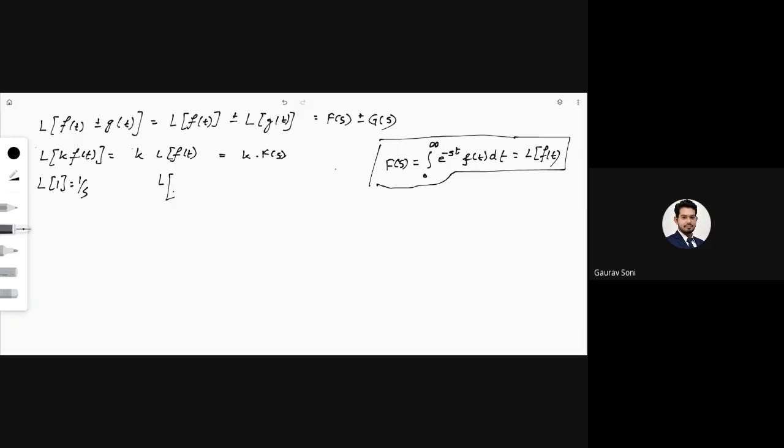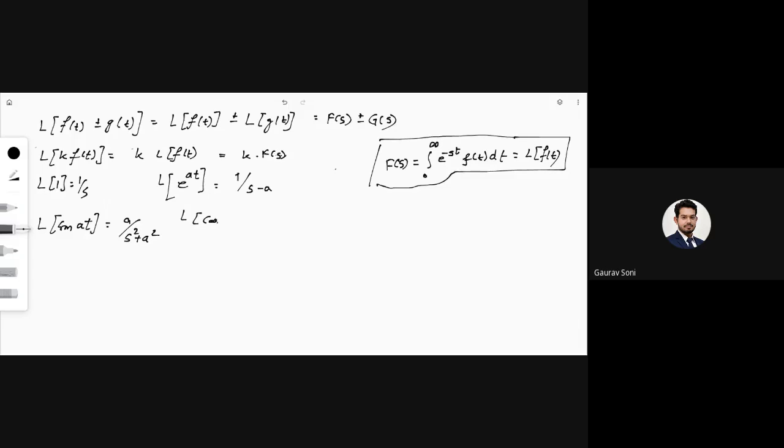Laplace of e to the power at is equal to 1 upon s minus a. Laplace of sine of at is equal to a upon s square plus a square.